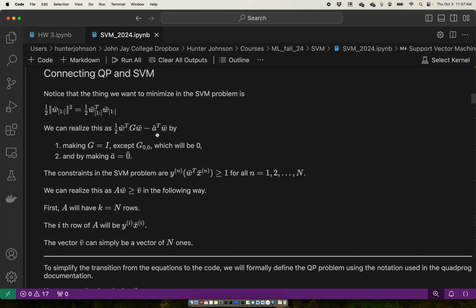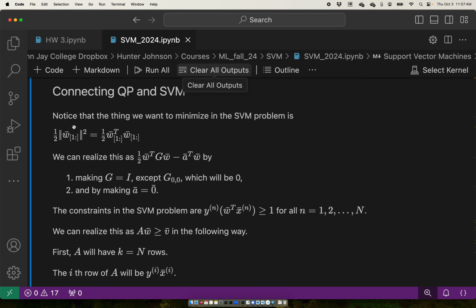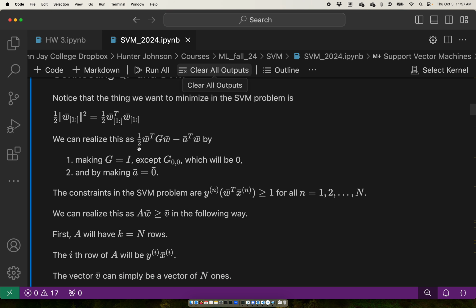And now this is trying to make sense of everything. So here I'm using this notation. If you read this notebook, you'll see instead of writing B, I used slightly different notation here. What this means is everything in W except for the bias weight.